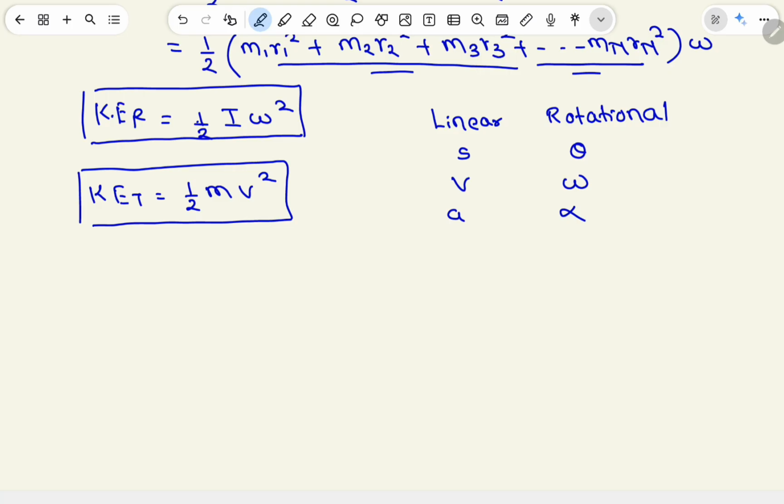In a similar manner, by comparing the formulas of translational and rotational kinetic energy, we see that we can replace mass with moment of inertia. So the quantity analogous to mass in rotational motion is nothing but moment of inertia.